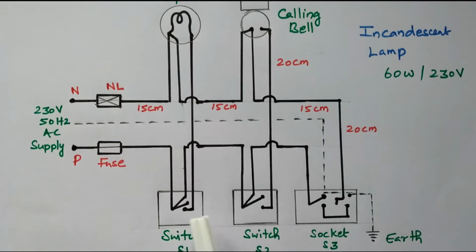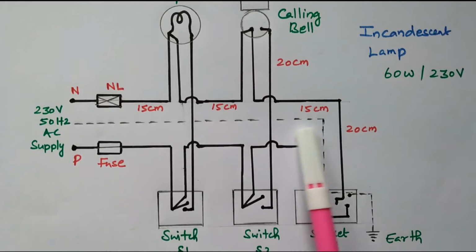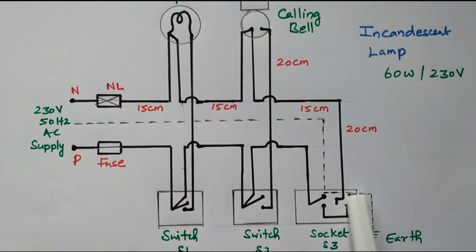Then a tapping is given to the switch S2, a push type switch, to control the calling bell. From here again one more tapping is given to the 3-pin plug, so that we can control the plug point also. The earth line is run through the entire wiring network and to the plug point also, with an earthing point, so that this becomes a 3-pin plug.